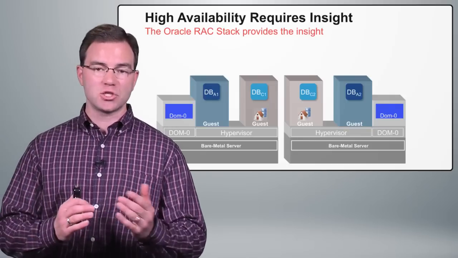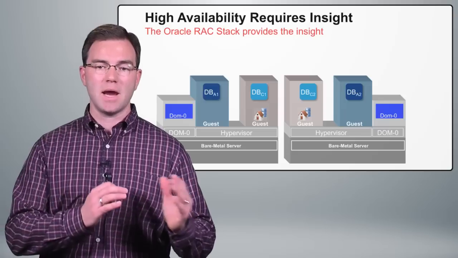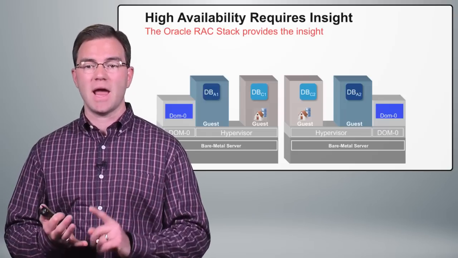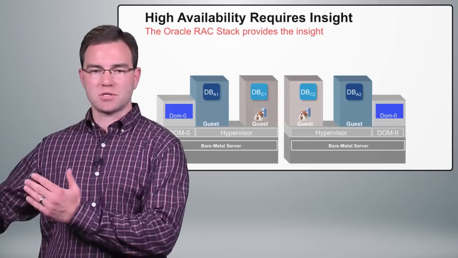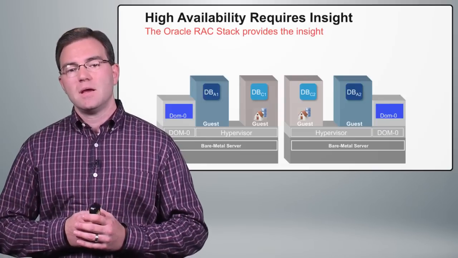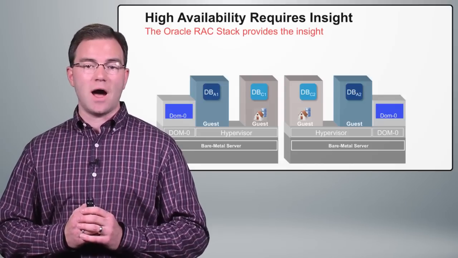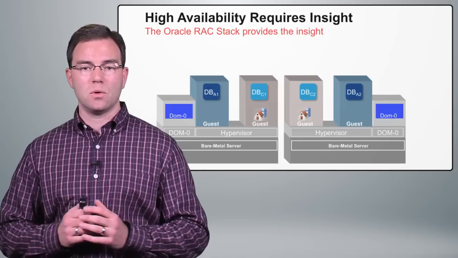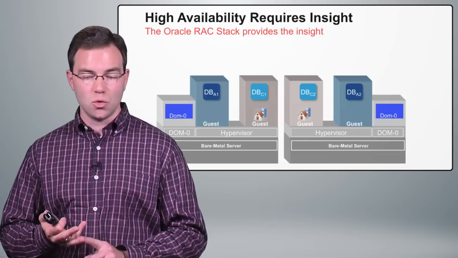One is blue, one is gray, and each one of these two guest pairs hosts one RAC database. One is called database A, the other one is database C. Database B runs somewhere else. Now, in each guest, I have an instance of either database B or C. And if you focus on the gray guest pair in the middle, I have database C1 and C2.